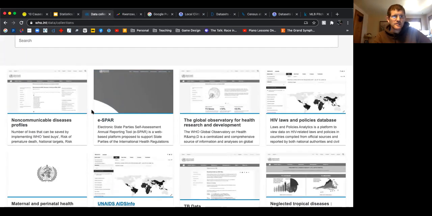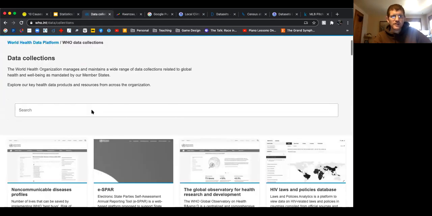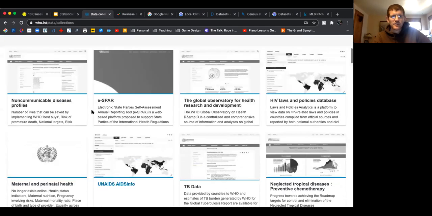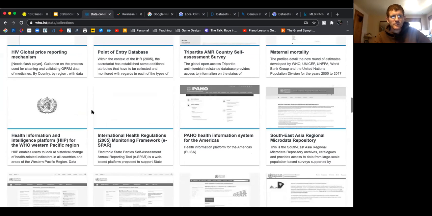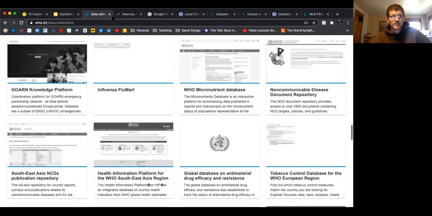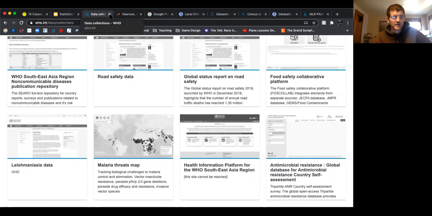This is the World Health Organization, and you can see probably just a small amount of the data they have available. You can do a more focused search and find stuff there if you're going in the health direction, medical direction.